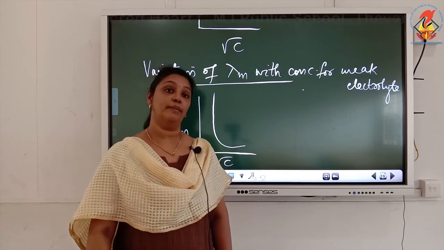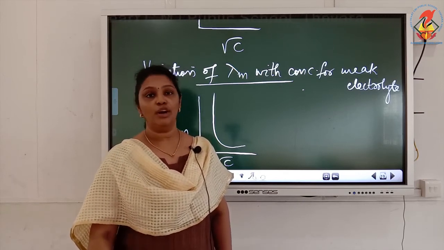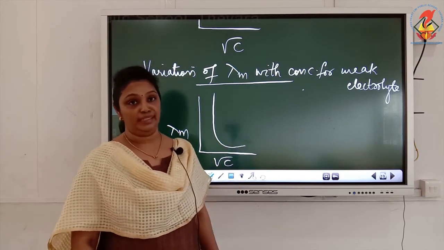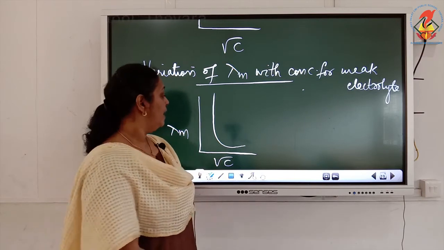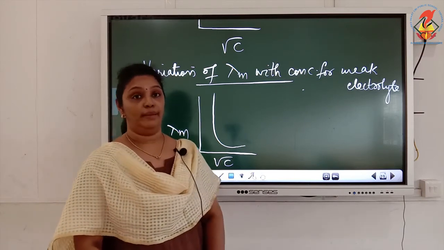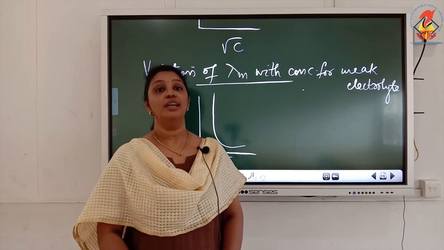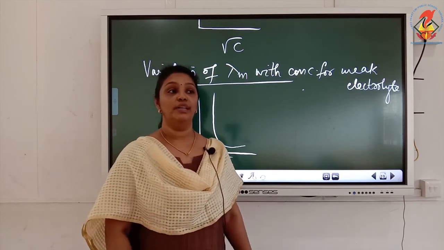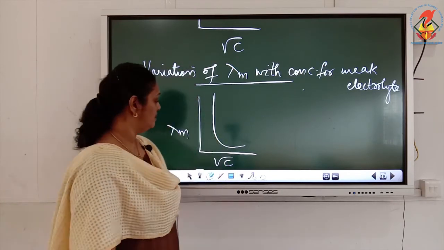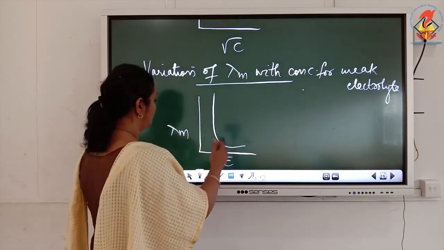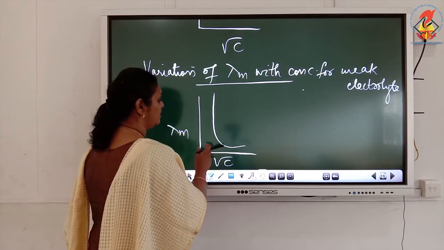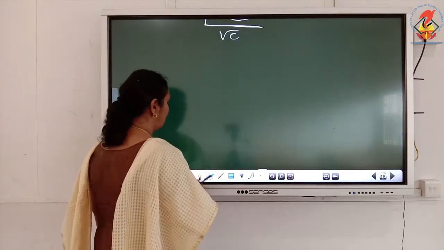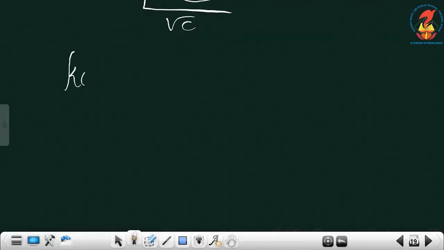So lambda naught m of a weak electrolyte cannot be obtained graphically, because we cannot extend it to a limiting point. Okay. So how to find lambda naught m or limiting molar conductivity for a weak electrolyte? That is done with the help of a law called Kohlrausch's law. So this is the graph to study the variation of molar conductivity with concentration for a weak electrolyte. Now let us study Kohlrausch's law.